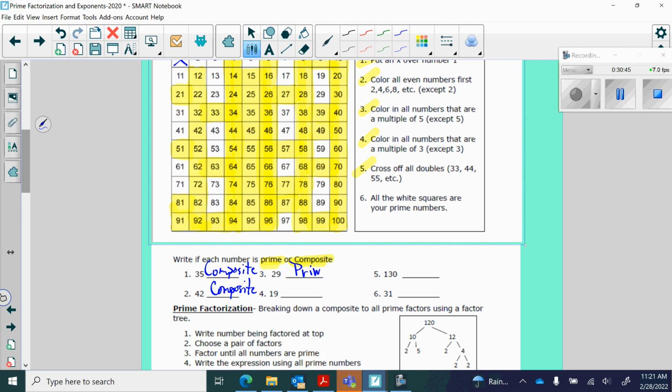Prime. 19. Can I divide by 2? No. 3? No. 5? No. 7? Prime. 130. Can I divide by 2? Composite. 31. Can I divide by 2? 3? 5? 7? Prime.